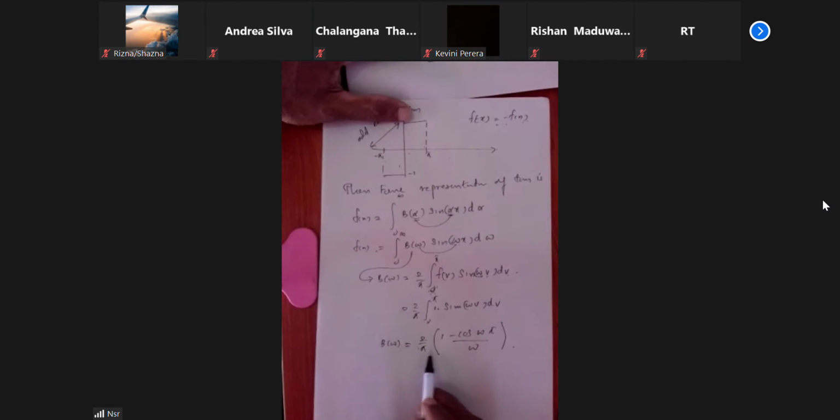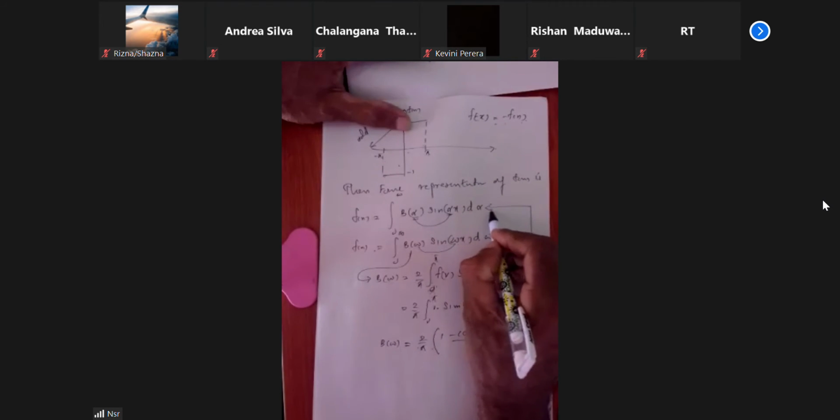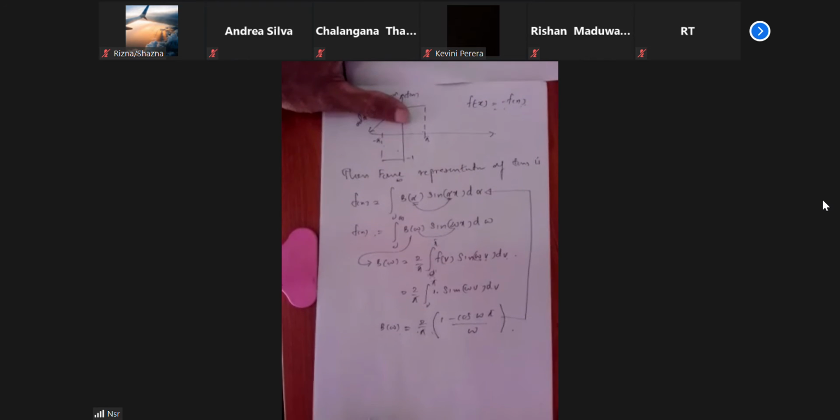Now we have to substitute that integral coefficient into the function. So you substitute that value.